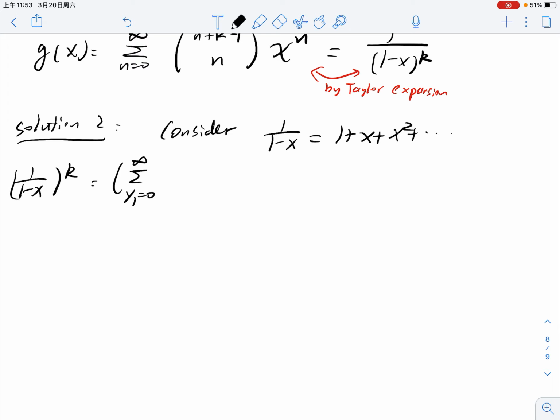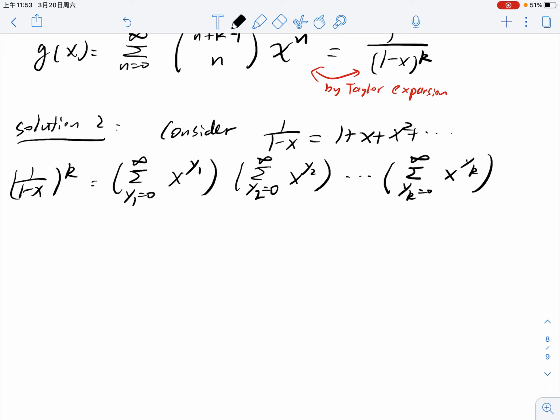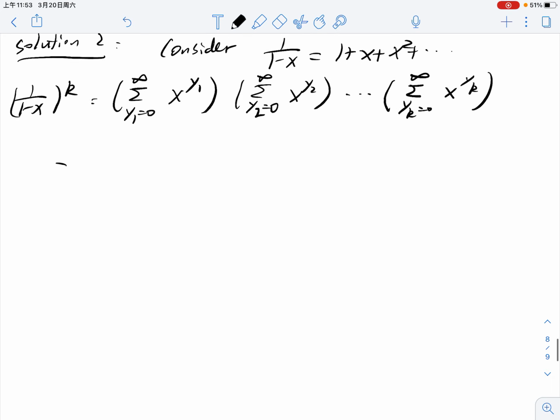Summation for y1 from 0 to infinity, x to y1's power, and then we do the same thing replacing y1 by y2, and finally y1 by yk. Then you combine each term, you use the distributive law.